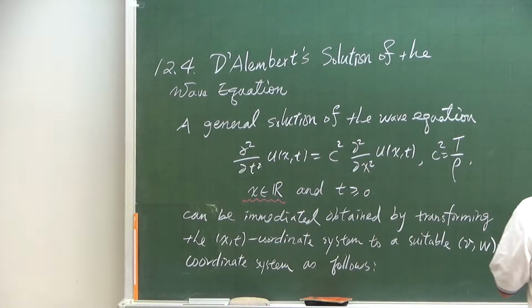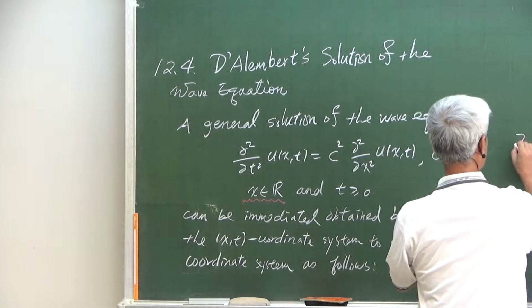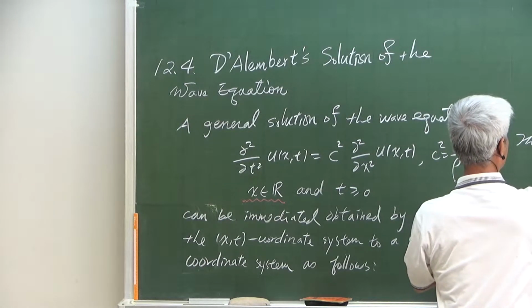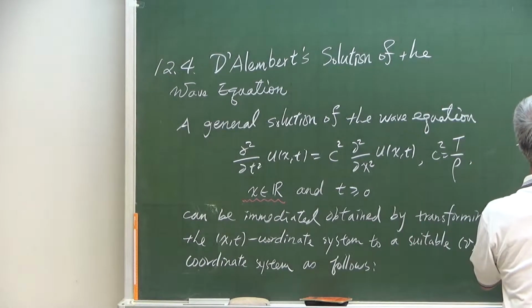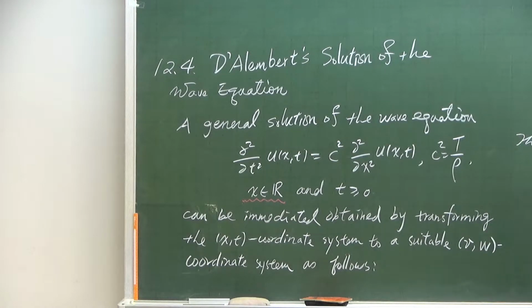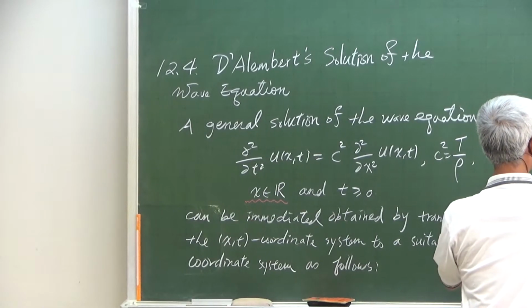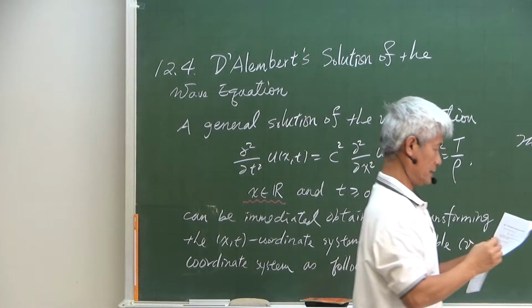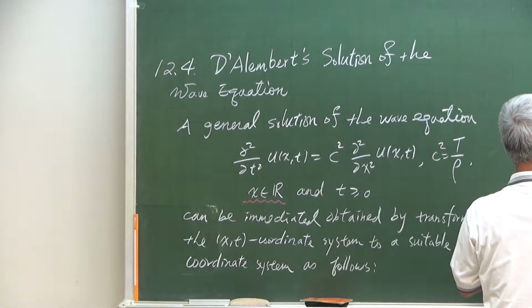And for the inverse coordinate transformation, it's quite easy: x can be expressed as a function of v and w.